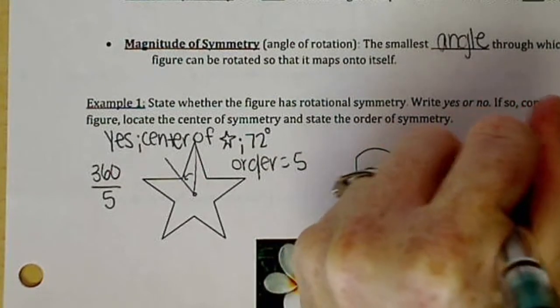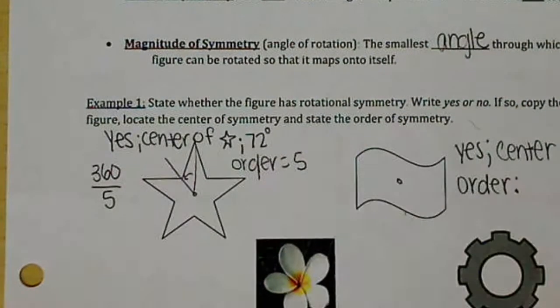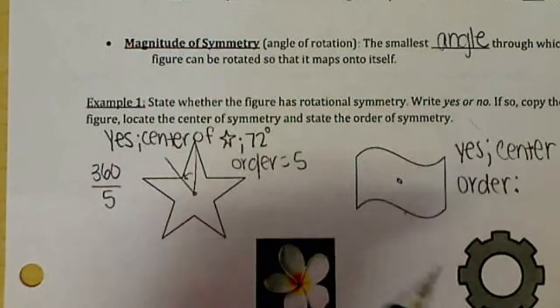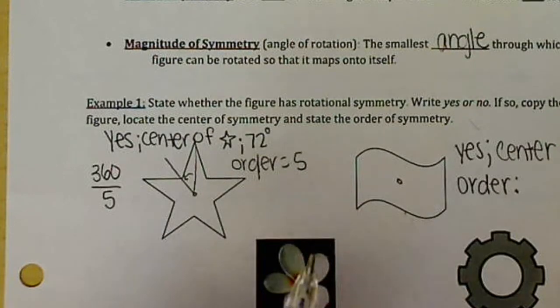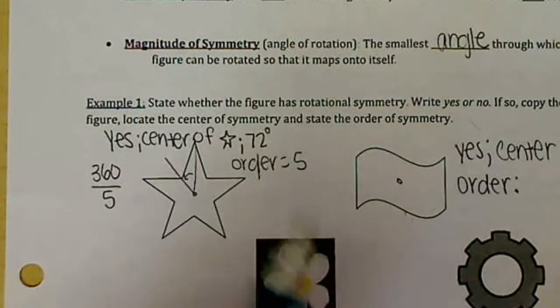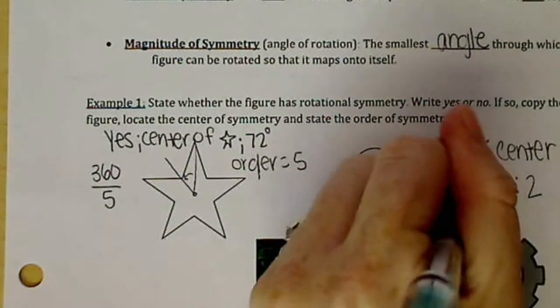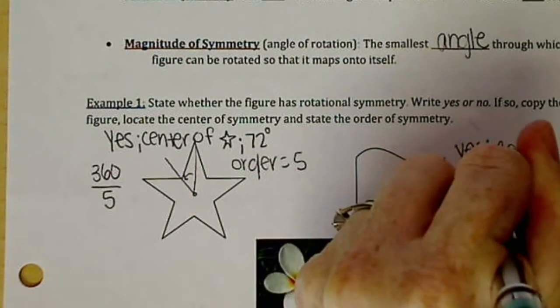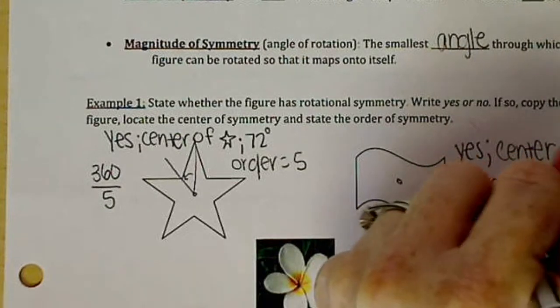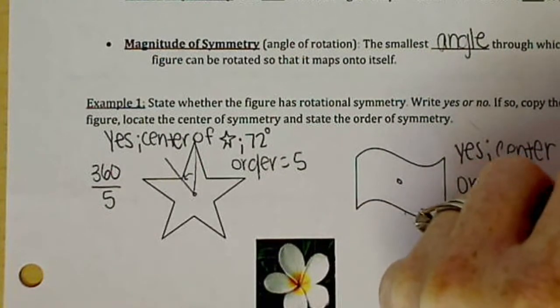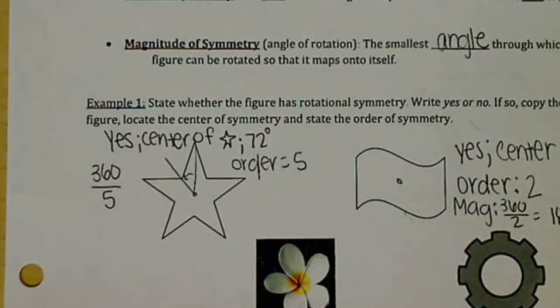What is the order? How many times did we have to rotate it before it looked the same? Well, you can rotate it upside down. That's 1 time. And then right side up. That's 2 times. So the order is 2. So the magnitude is 360 divided by 2, which is 180 degrees.